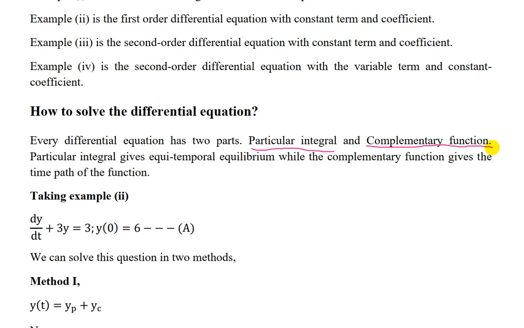The complementary function gives the time path. It tells us whether the time path is convergent or divergent, and whether it will have a swing, meaning oscillation, or not.